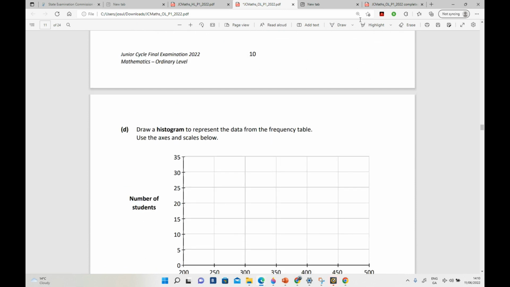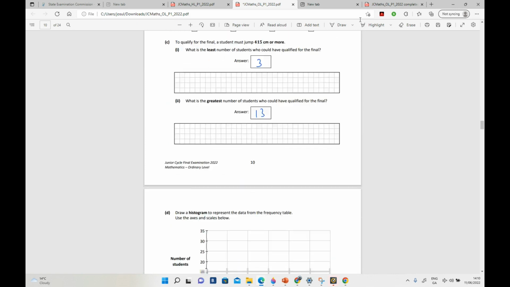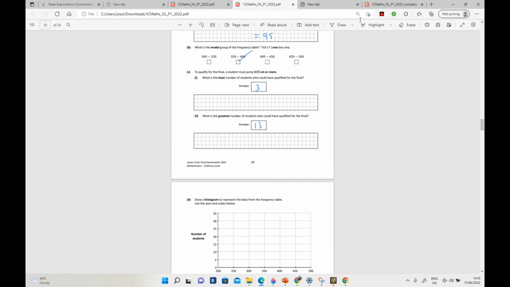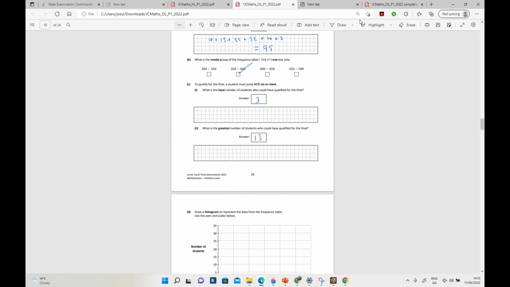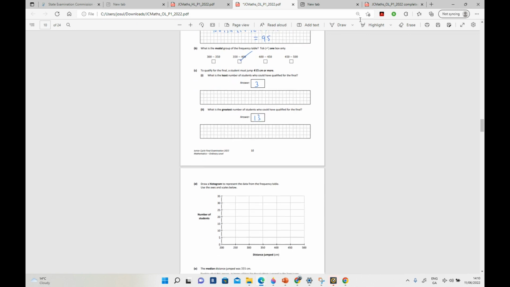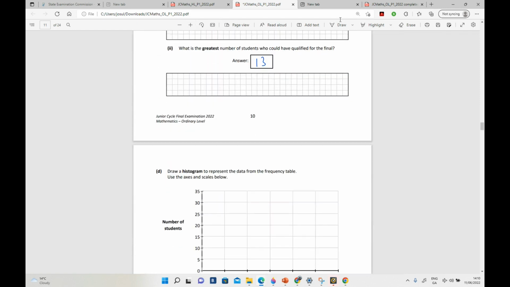Now draw a histogram to represent the data that you've been given. I'll have to make this a bit smaller for a second to be able to see it. Okay, so 10, 15, 25 for the first few.